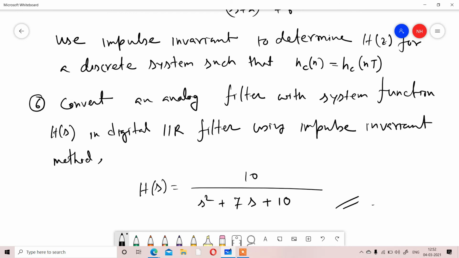So these are the home tasks you should try at your home.